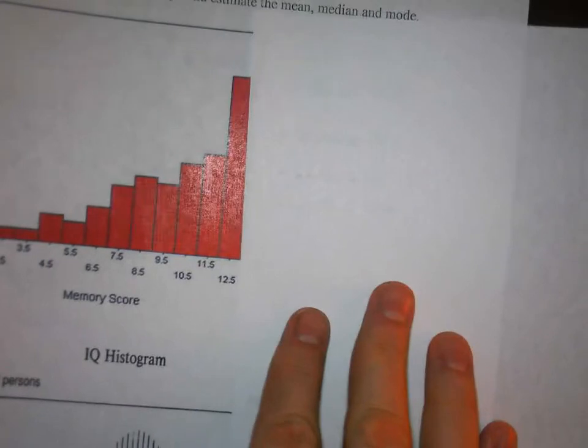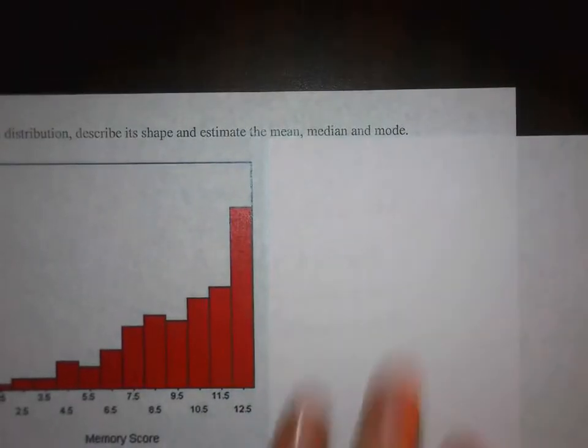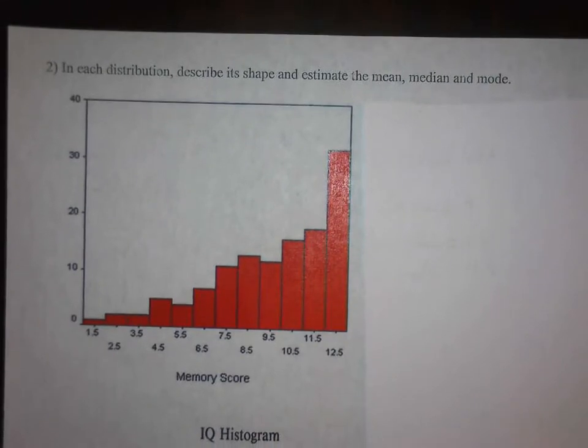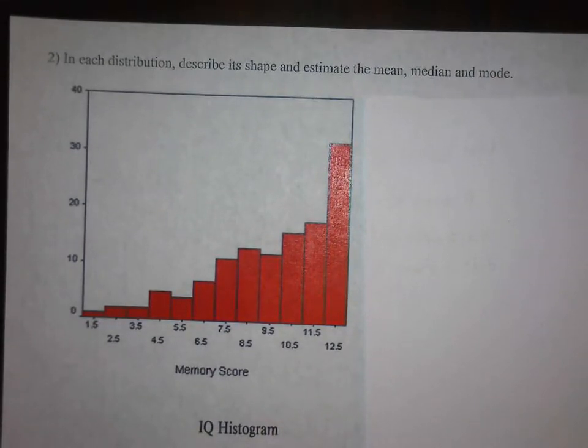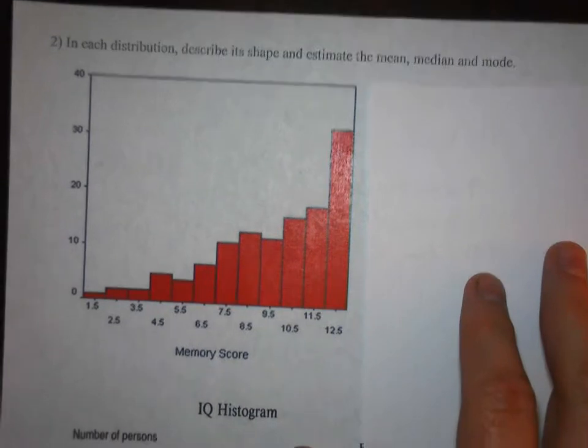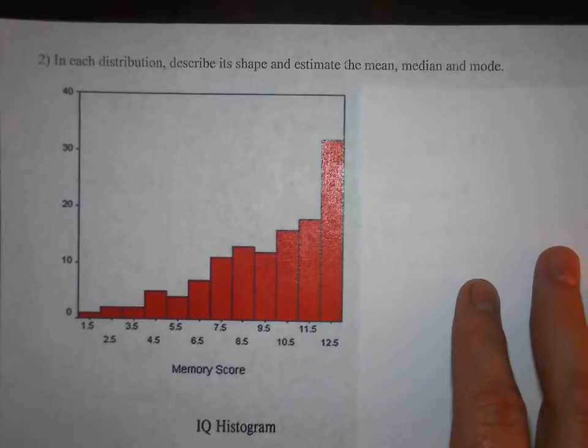Now if we look at an example, if we're given this distribution, we want to estimate where we expect the mean, median, and mode to be, and describe the shape of the graph.